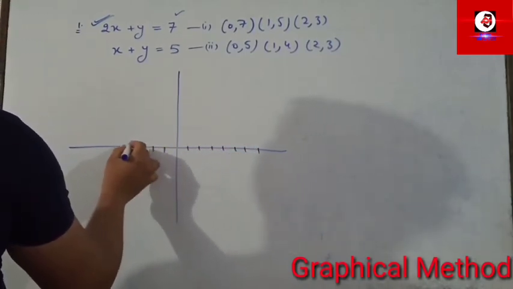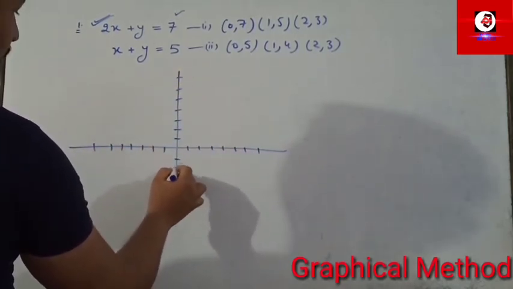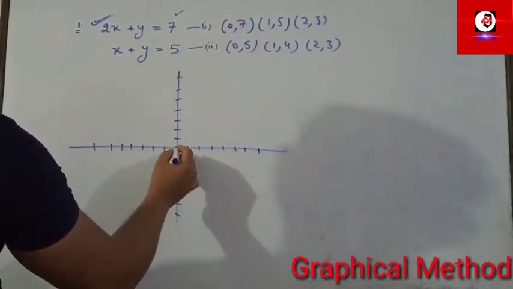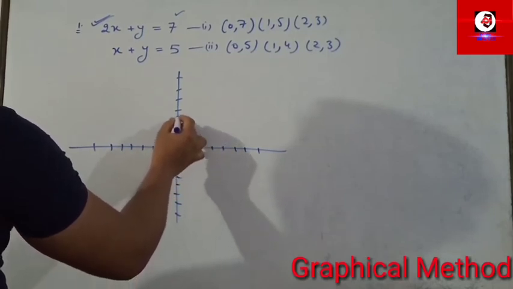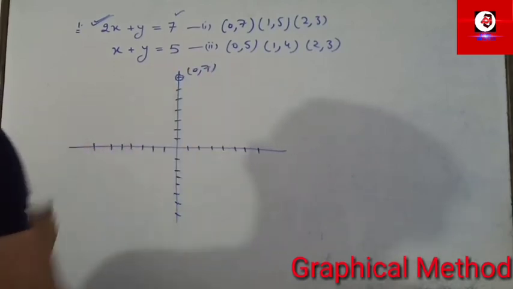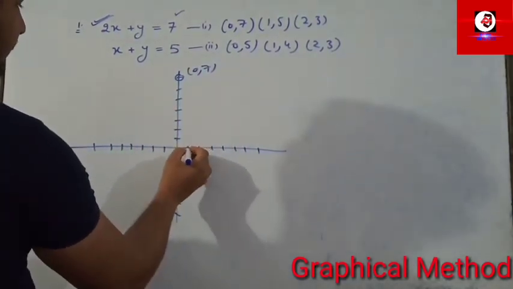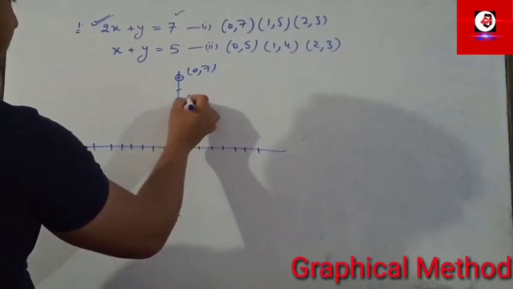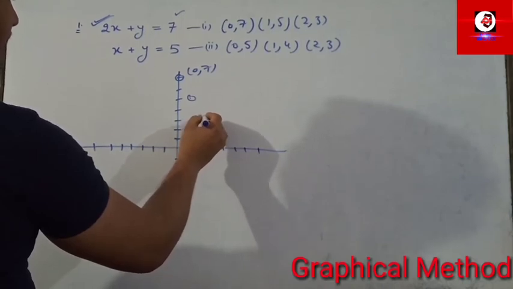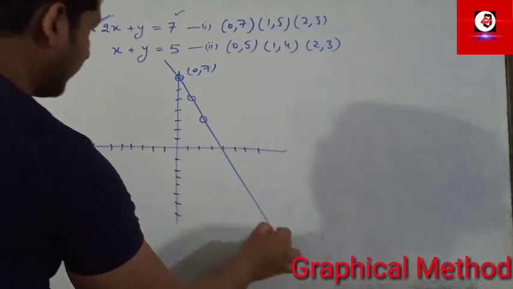You will use graph paper. Then 0 is here, 7 is 1, 2, 3, 4, 5, 6, 7. That is the point 0, 7. This is rough, but you will use the graph. Then 1, 5 and 2, 3. Now we will join the first and last points with the help of a ruler.